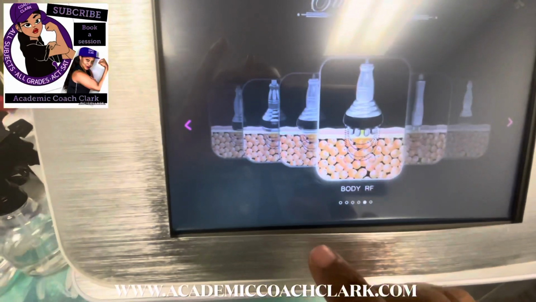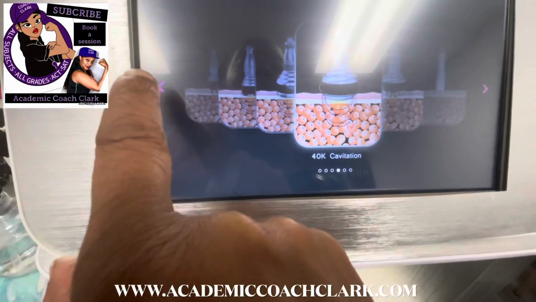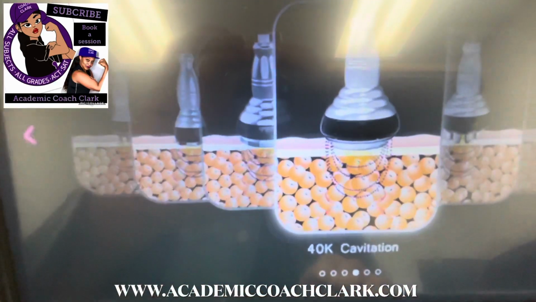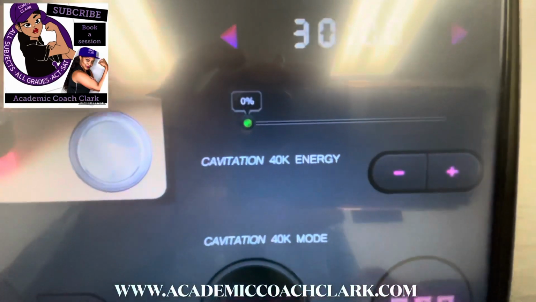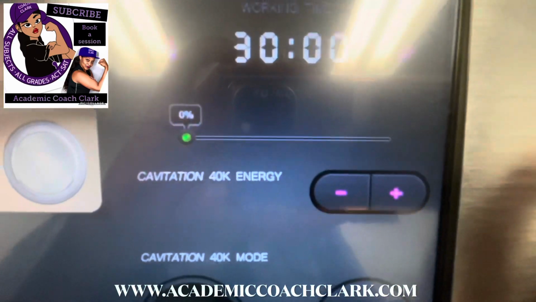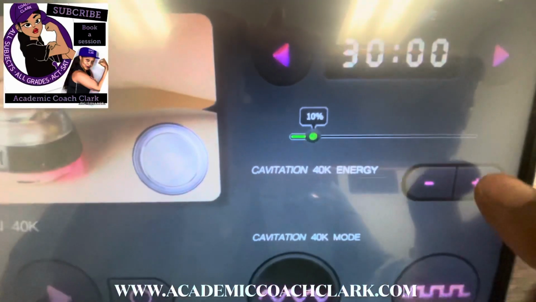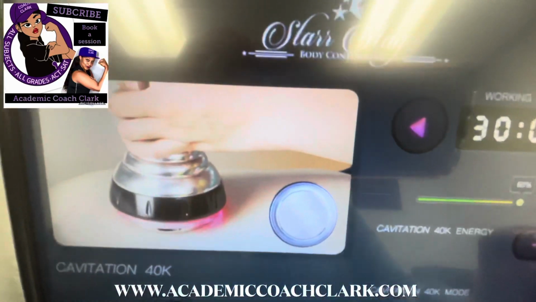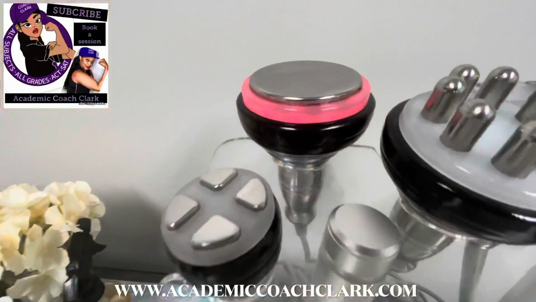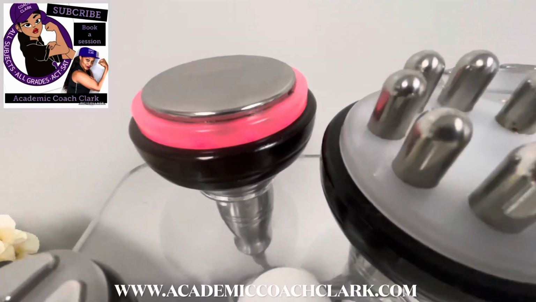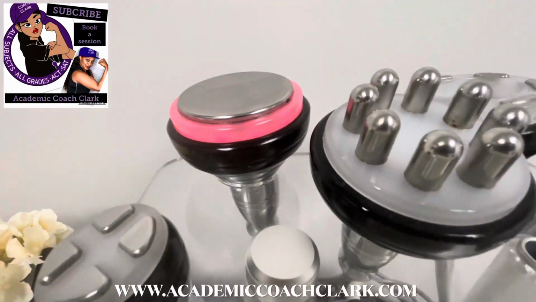There are other probes on this machine, such as the cavitation machine, and this cavitation machine also uses energy. And you can see this particular machine can reach levels of 40K, and we'll be talking about that more in our session today.